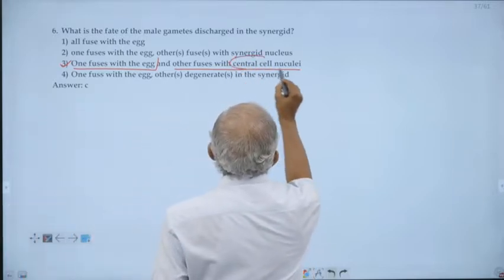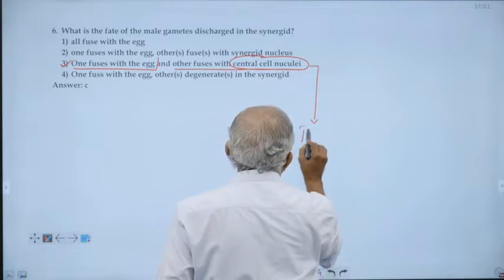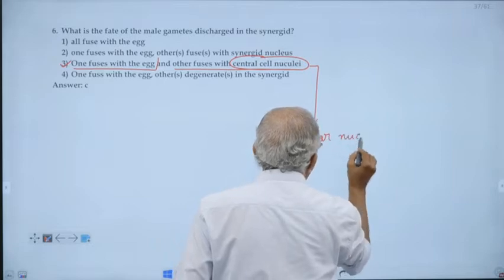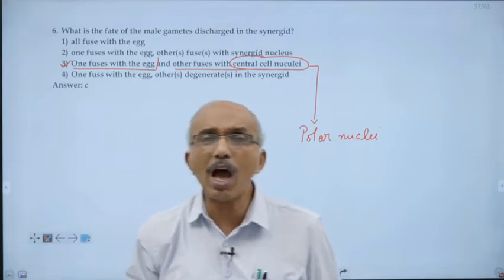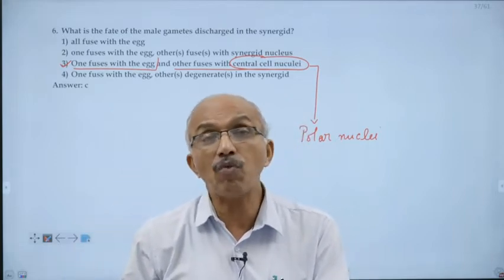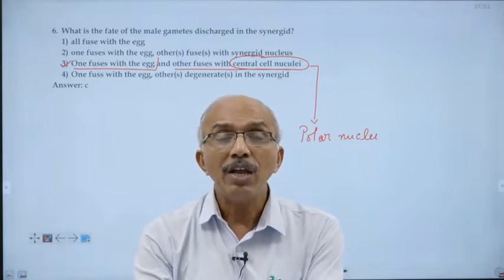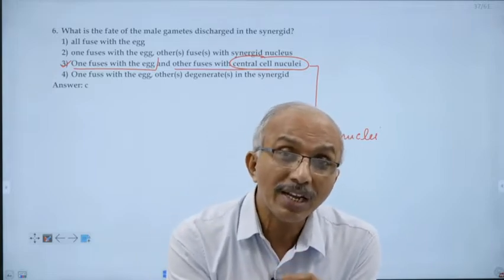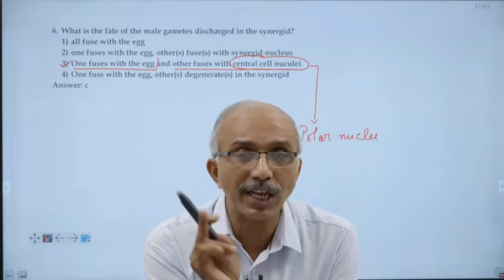Central cell nuclei, we studied a name, that is polar nuclei. Both the sperms are involved in fertilization. The sperms are released to where? They are released to one of the synergids.